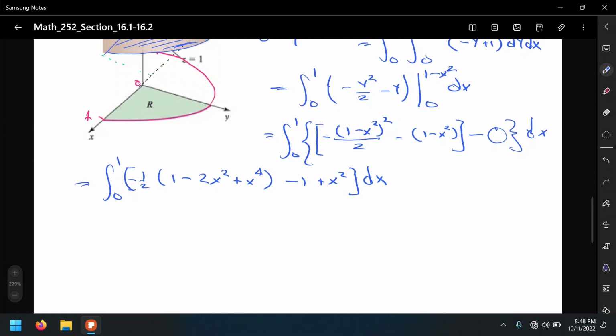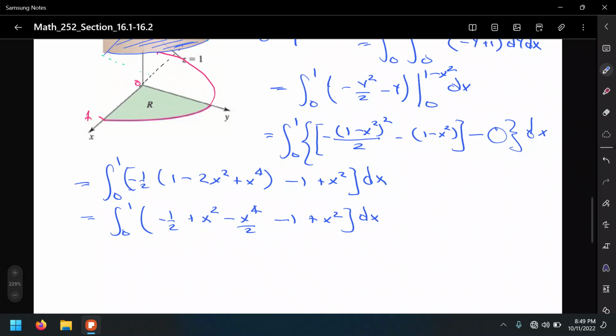So let's simplify this. So number one, let's distribute this negative 1/2, plus 2x squared times 1/2. That's just x squared, and minus x to the 4th over 2 minus 1 plus x squared.